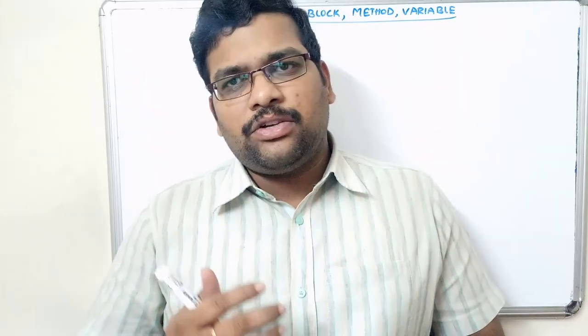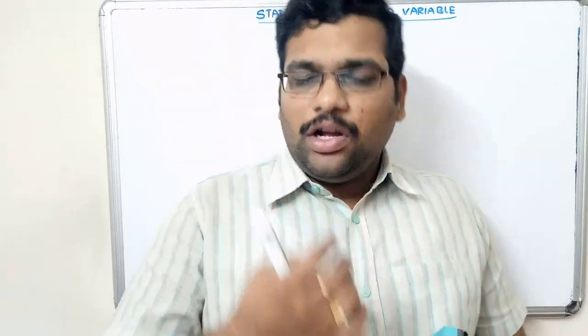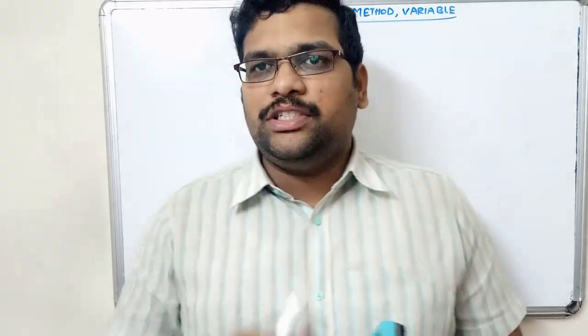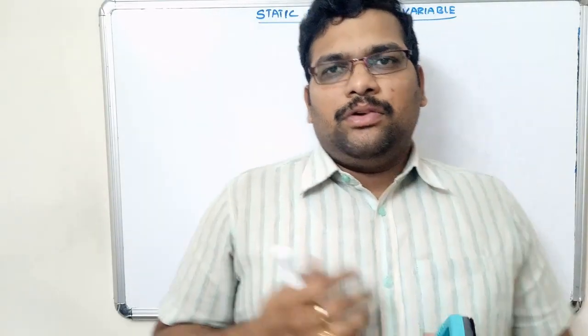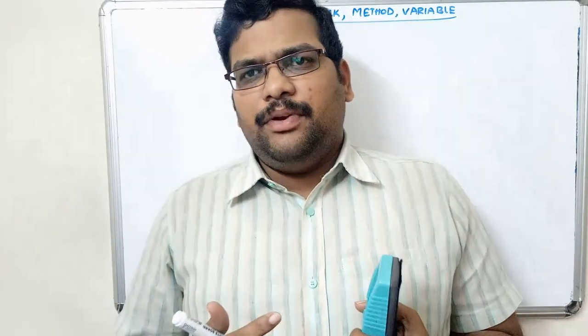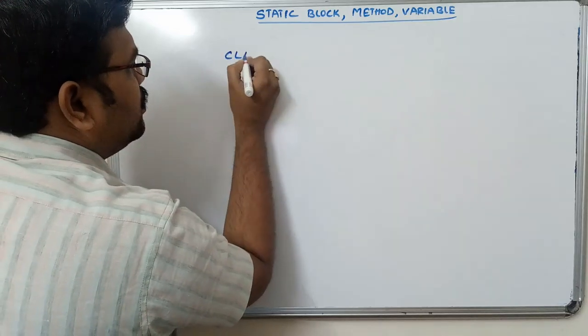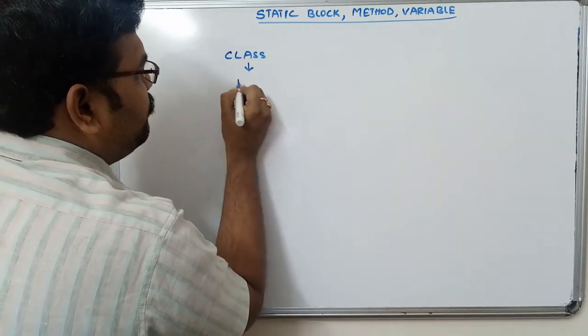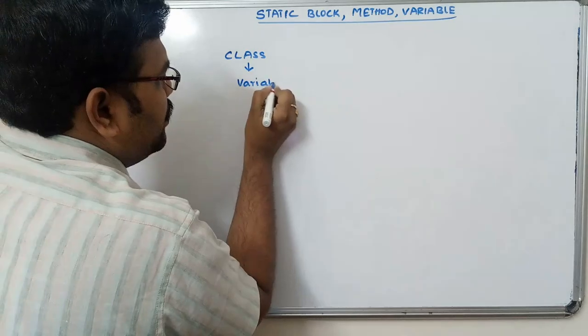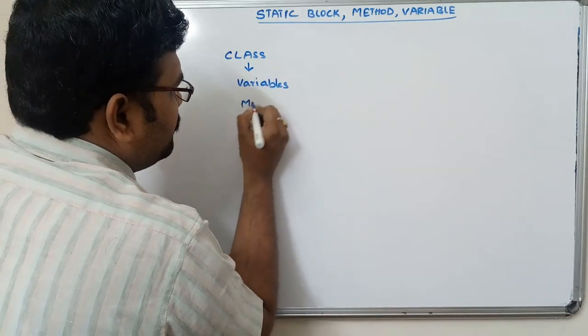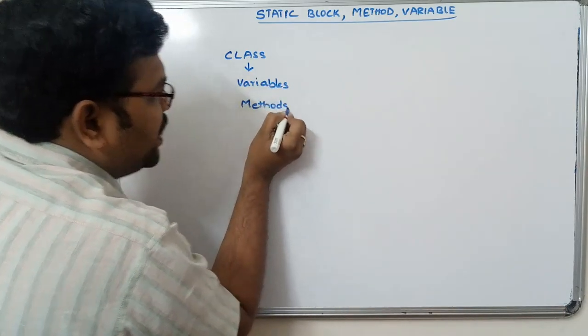As we know, an object is a real world entity and a class is a collection of objects, that is a logical entity. It's not a physical entity. Every class consists of variables and methods.